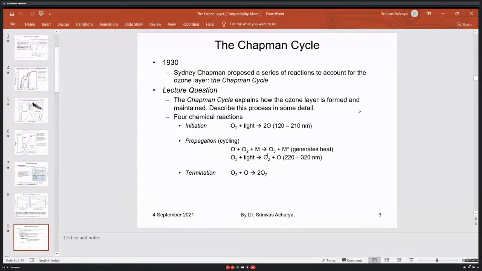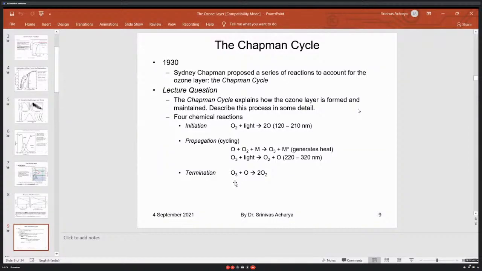For breakdown, we have certain UVB and some part of the UVA spectra of the ultraviolet region. Means the energy required for the breakdown of molecular oxygen, which is a precursor to formation of ozone, is more than the breakdown of ozone.